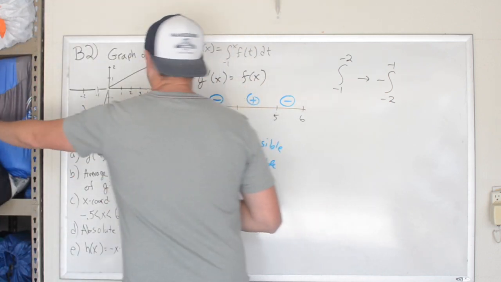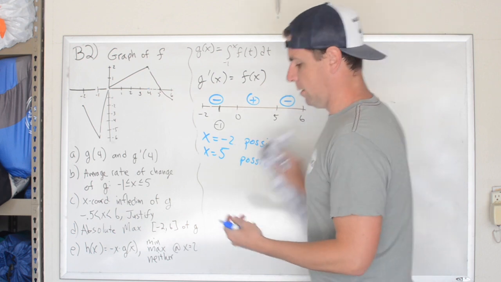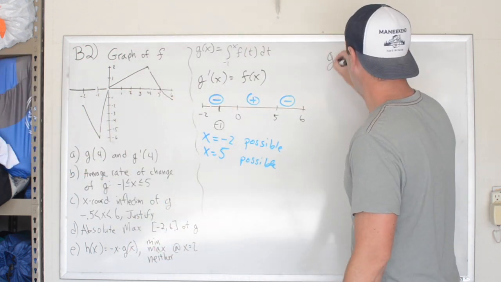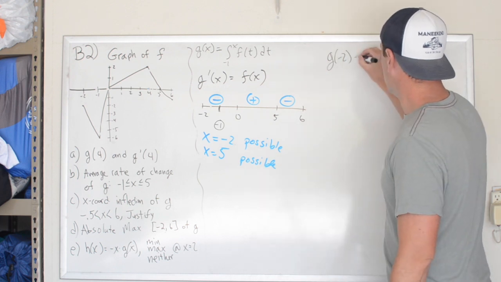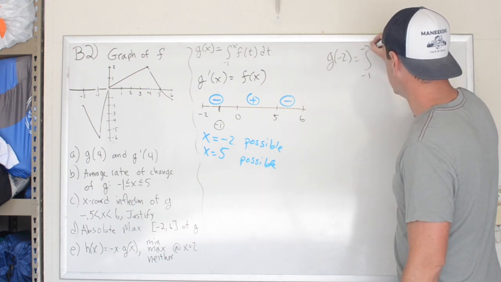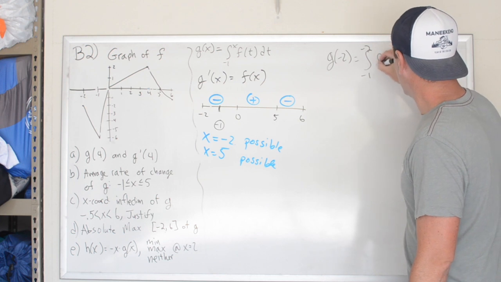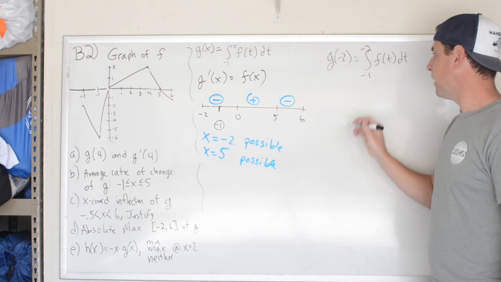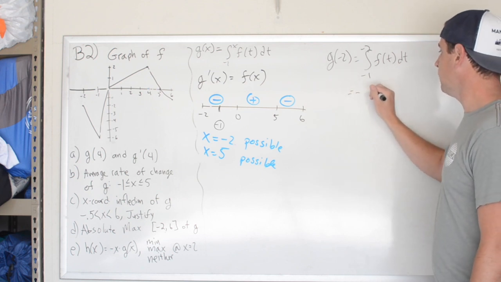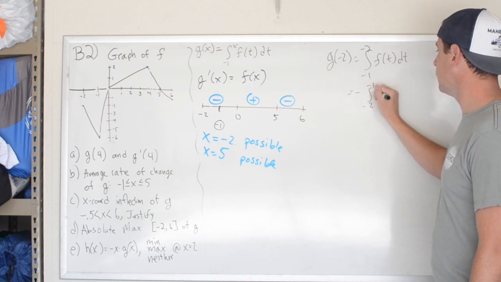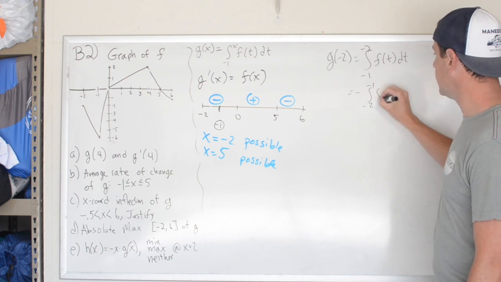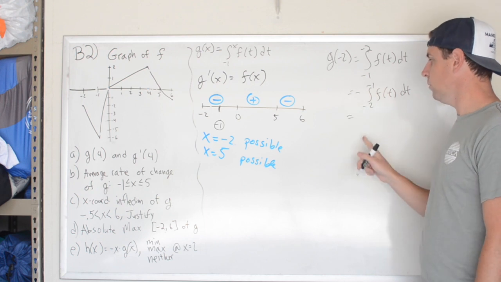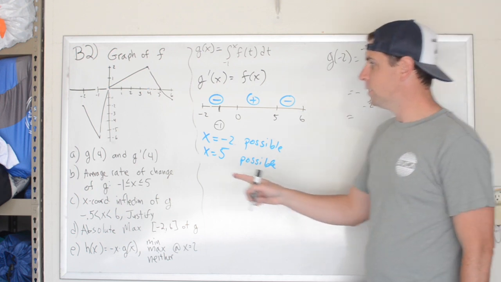I'll start by doing G of -2. G of -2 would be the integral from -1 to -2 of f of t dt. That's essentially the negative of the integral from -2 to -1 of f of t dt, which is equal to the area below the curve.